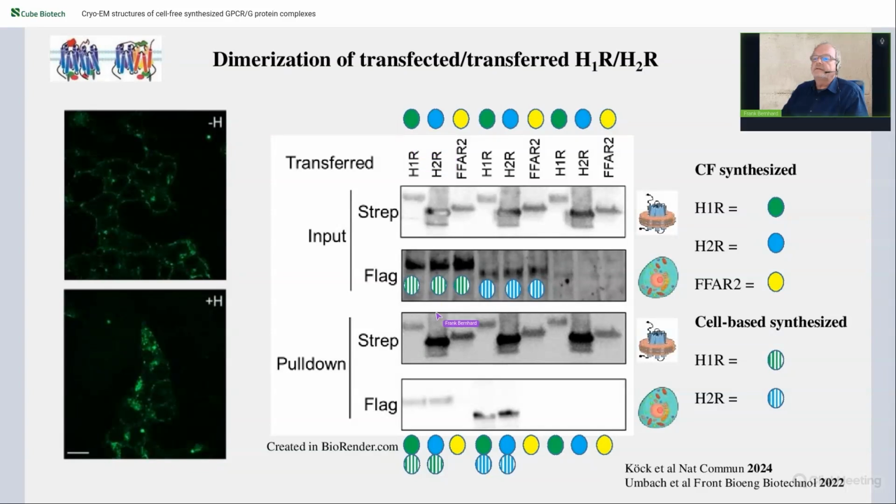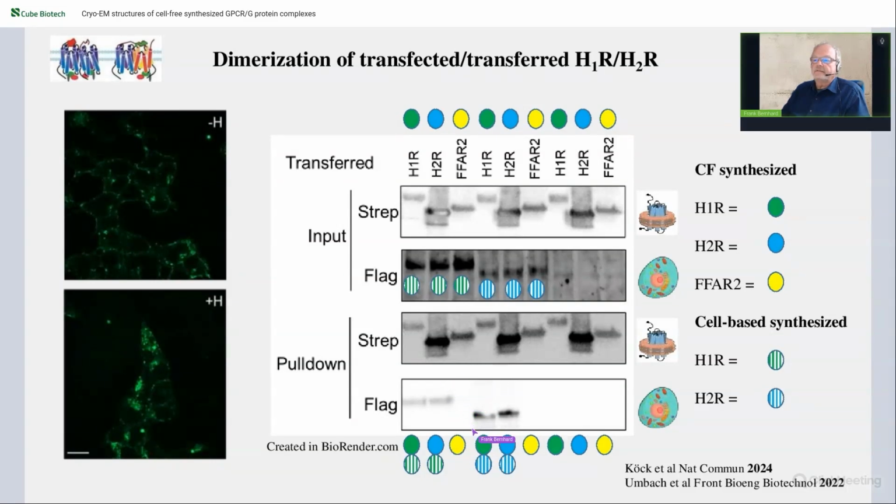So here you see the homodimer of HR1, cell-free synthesized, non-transfected. Here's a heterodimer, cell-free synthesized histamine 2 receptor, cell-based synthesized histamine 1 receptor, and here vice versa. And here we used as control the FFR2 receptor. It just showed that it nicely dimerized with itself and with the FFR3 receptor.